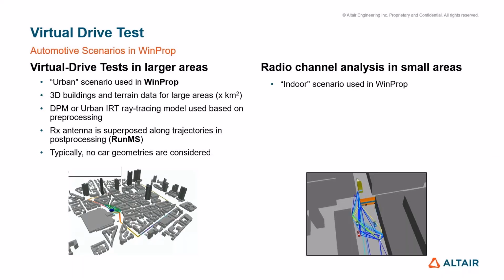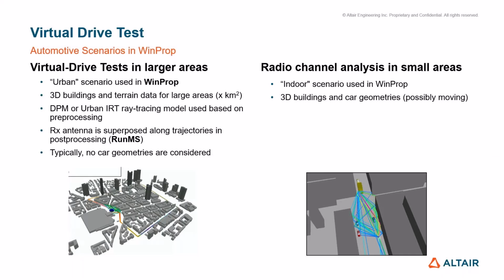And the second type of analysis is where we're interested in the communication between the car and infrastructure or other cars, but in smaller areas, such as intersections between different streets and in a given scenario.